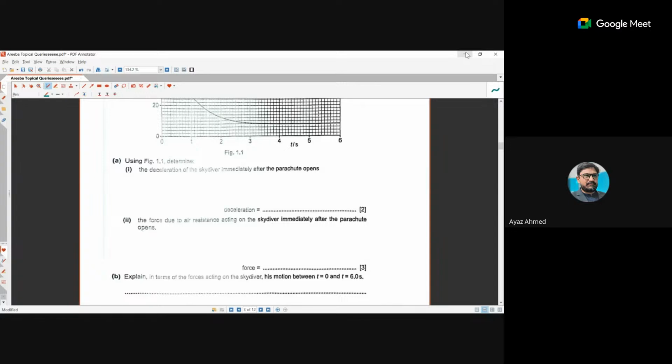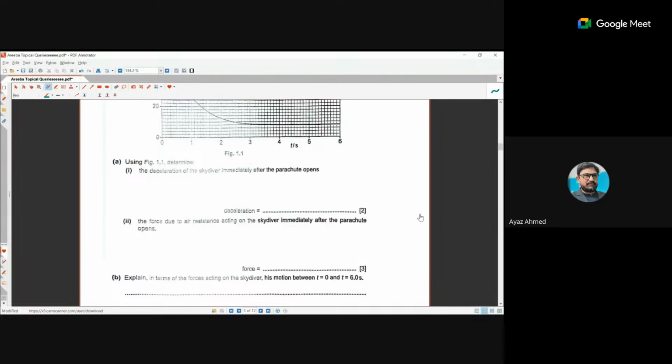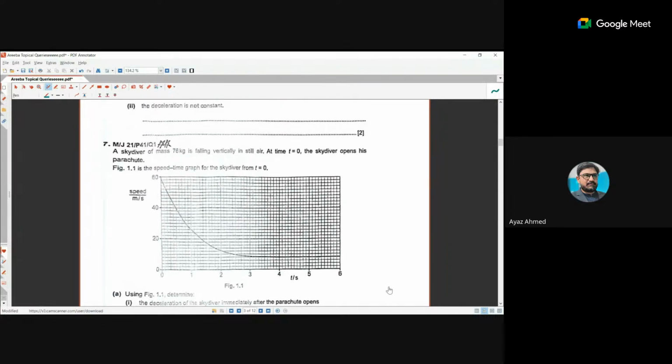Okay, so let's start with this file. Yeah, we were over here at this question, which was basically related to kinematics. Did we complete the question or not? We hadn't finished the question, sir.